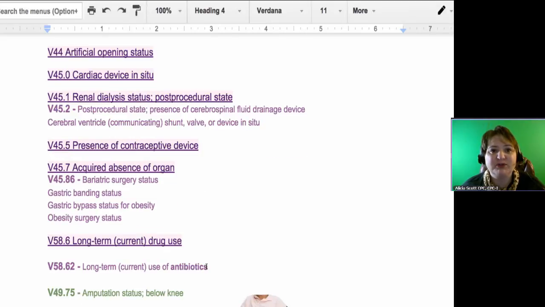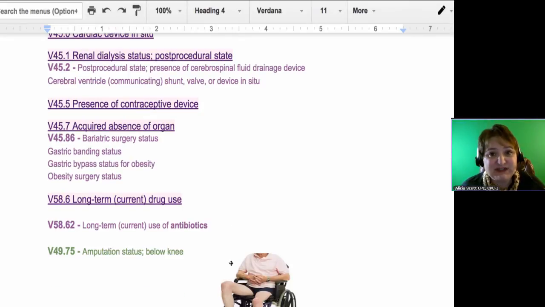V58.6, long-term current drug use. That's where you get long-term insulin use or long-term antibiotic use. V58.62, the last one, and the one that I think gets missed so often, is amputation status, because they abbreviate it.